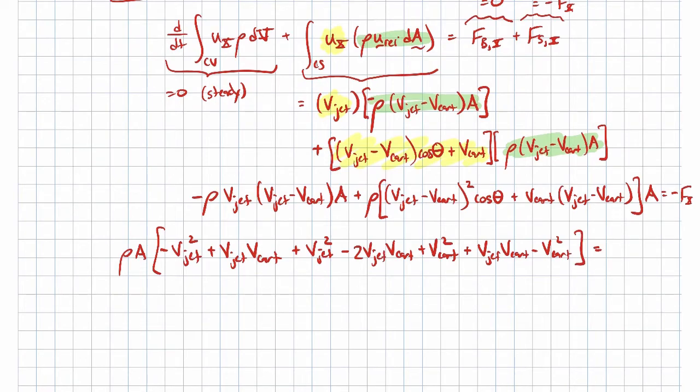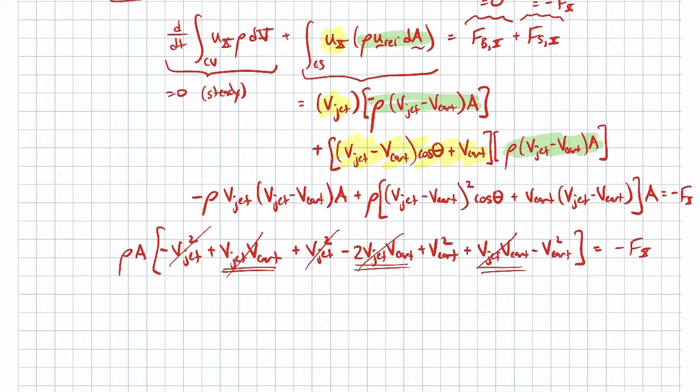And let me just double check I've got my sign correct. It's a minus plus plus minus plus, plus minus, okay, and then this is all equal to minus Fx. And then we should see some terms cancel out. So we have a v jet times v cart here, v jet v cart there, and then a minus 2 v jet v cart. So those will all cancel one another out. And then we have a v jet squared here, and plus v jet squared there. So that cancels out. I made some sort of sign mistake.